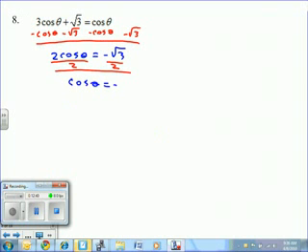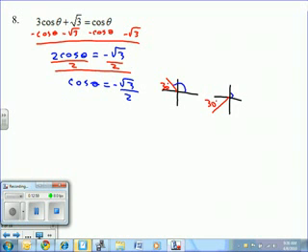Cosine theta equals negative square root of 3 over 2. And then we draw our pictures again. So where is cosine negative? 2 and 3. And where does it equal square root of 3 over 2? 30 degrees. That's your reference angle. So then we have 150 and 210.